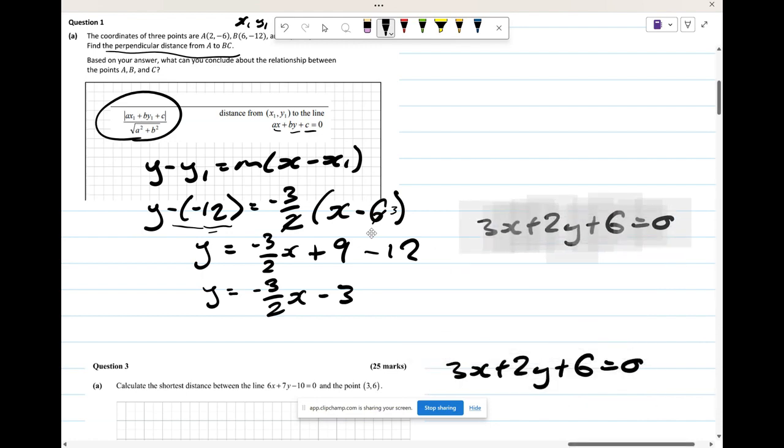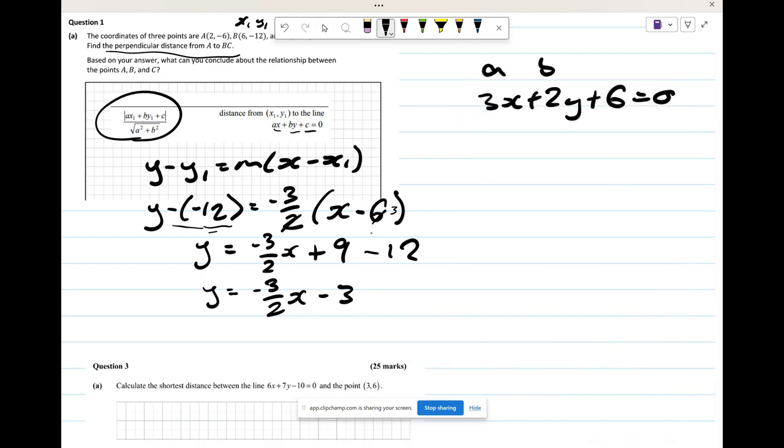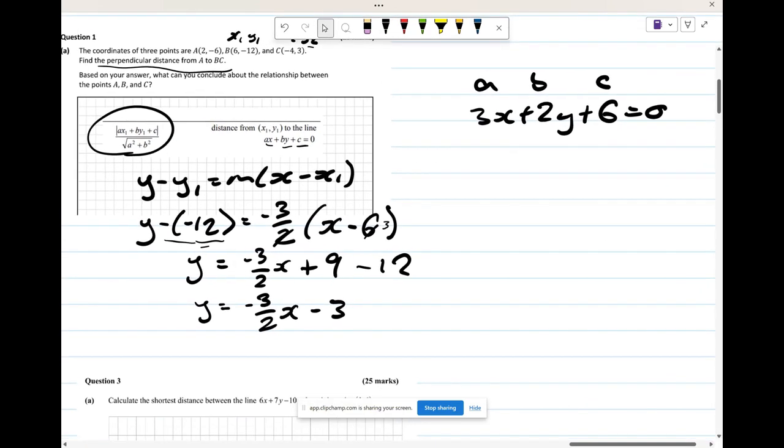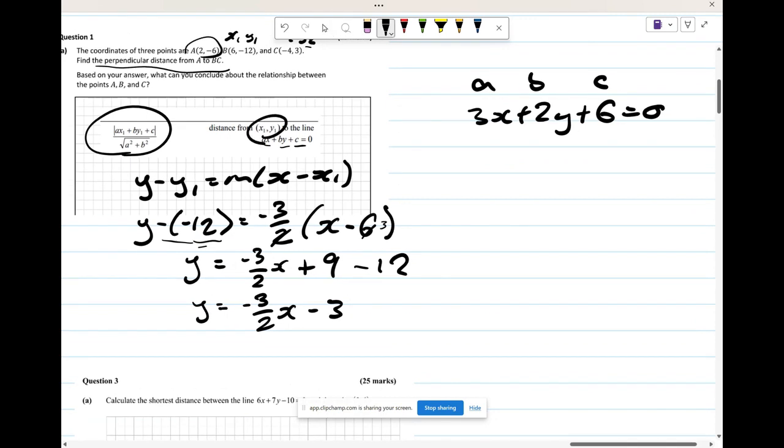So this is going to be our A, B, C, and our point is going to be x1, y1, that's going to be A, so x1, y1 is going to be 2, minus 6. Let's just sub into our equation.